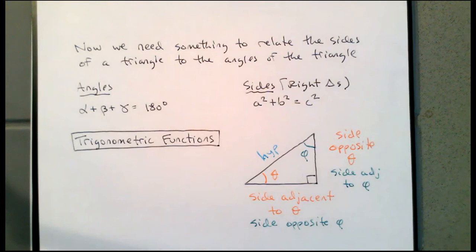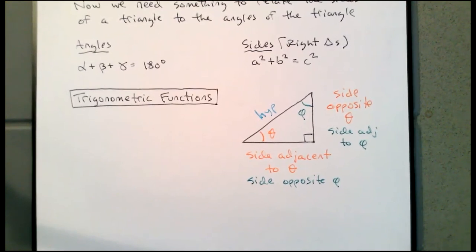So saying opposite or adjacent in the context of opposite, adjacent, and hypotenuse is dependent upon which angle we're talking about. But in a right triangle, we'll have the hypotenuse. We'll designate one of the angles with a name, and we'll have the side opposite that angle and the side adjacent to that angle.